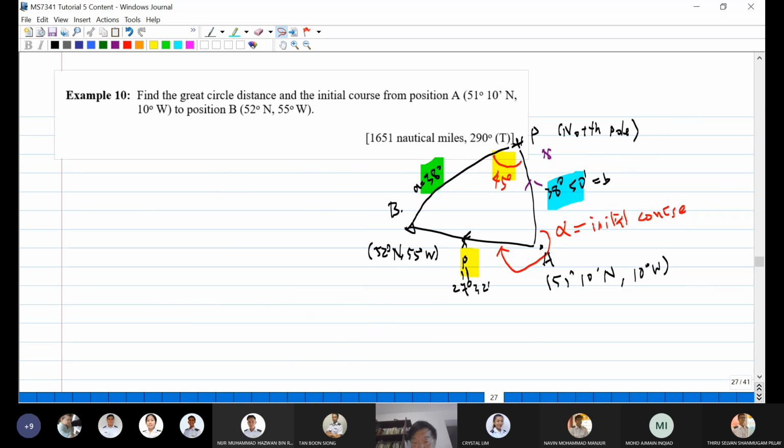Okay, define angle A now. So then find the initial course, okay? Find angle A. How do you find angle A here? There are two ways.